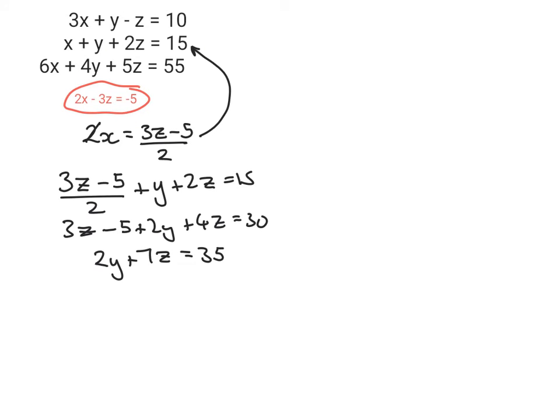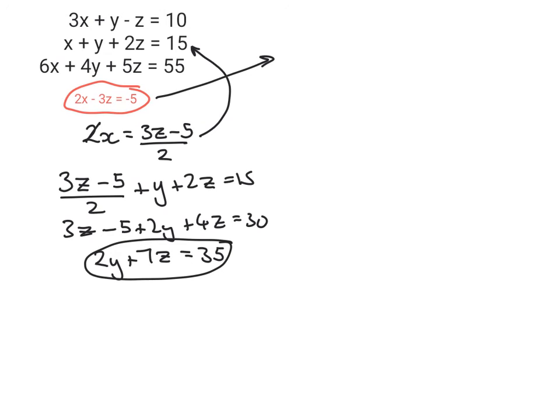Okay, so I've now got my second equation that's only got two variables in. So that's the first step. So now I say, which variable do they both have? And they've both got z. So I'm going to rearrange each equation so that z is the subject.